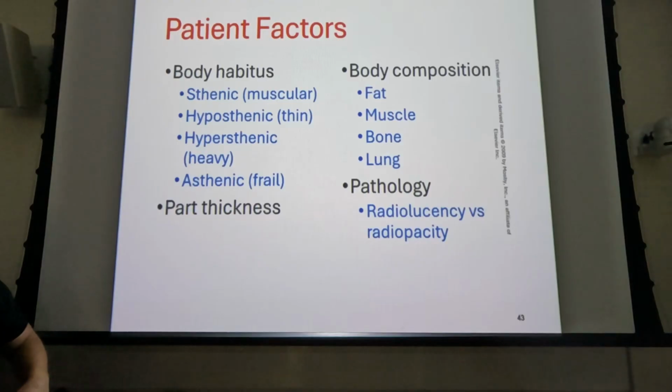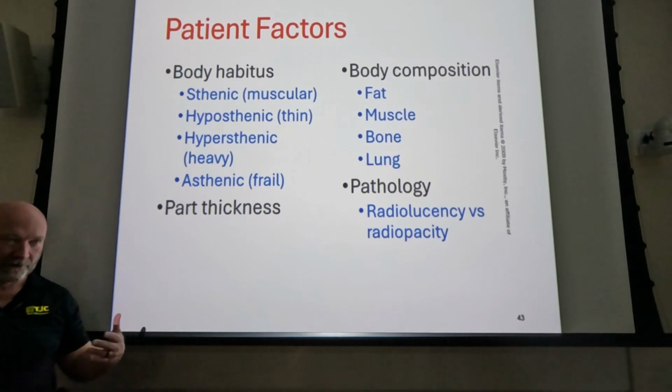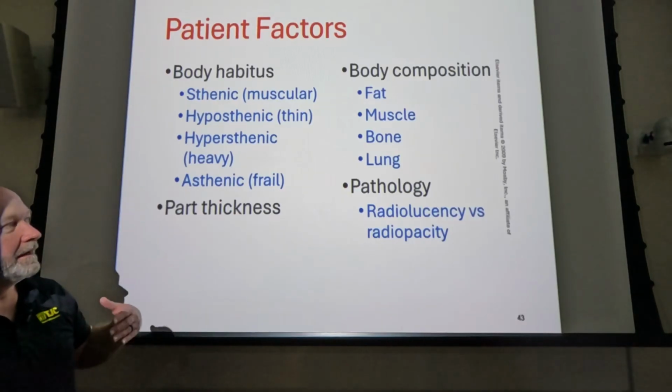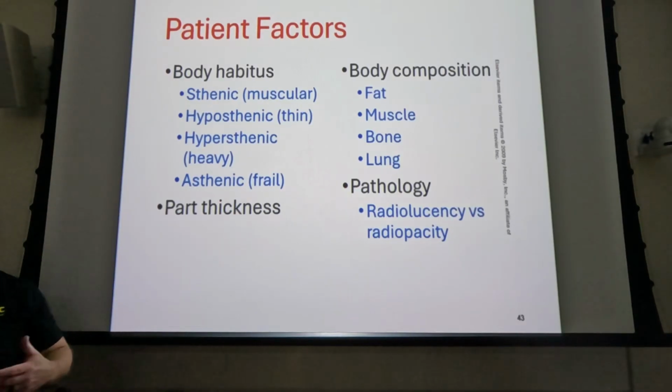So part thickness, and what's the part made of? Is it primarily fat or muscle? They look very similar on the image receptor, as far as scatter creation goes. Is it bone? Is it air? What is the body composition?